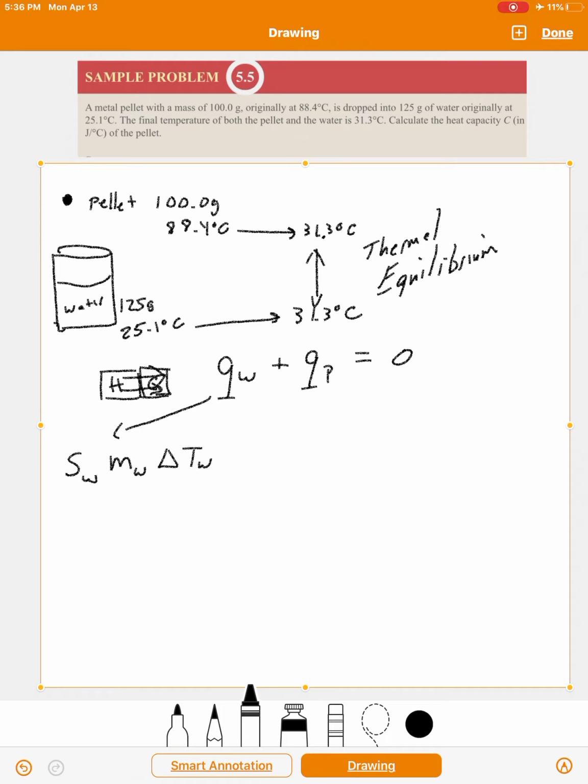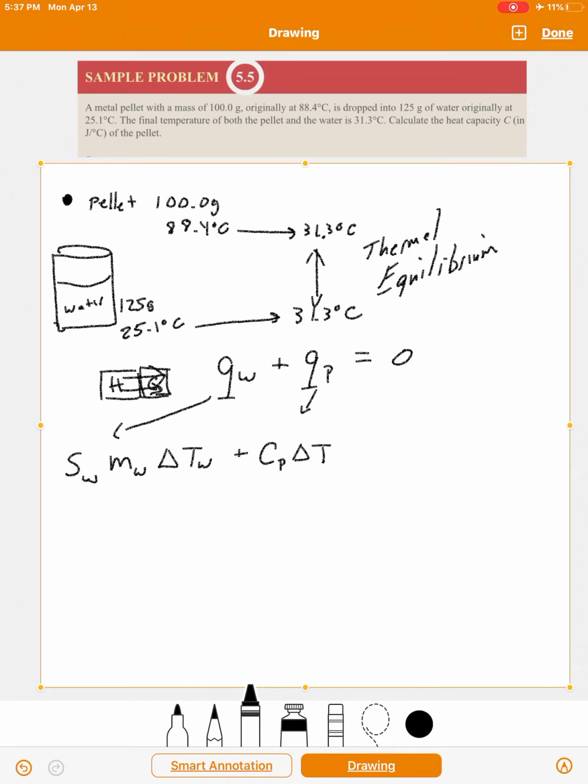That's our calorimetry equation. But remember, we had two calorimetry equations. The other one, for the pellet, I'm going to use this one: C of the pellet times delta T. Okay? Why am I using C as opposed to S? Go back to the question. Calculate the heat capacity C of the pellet. So that makes sense, right?